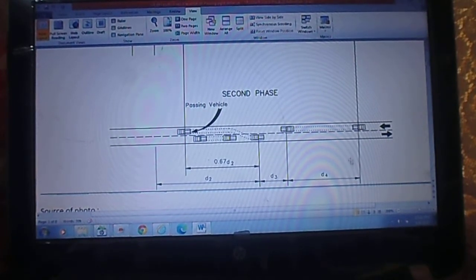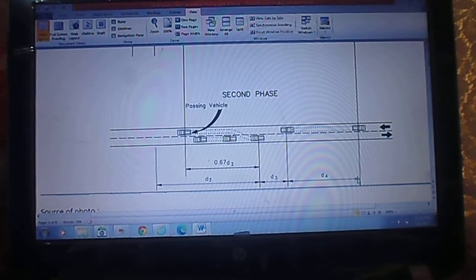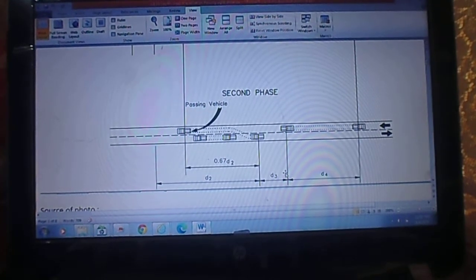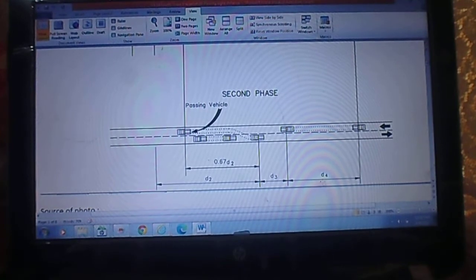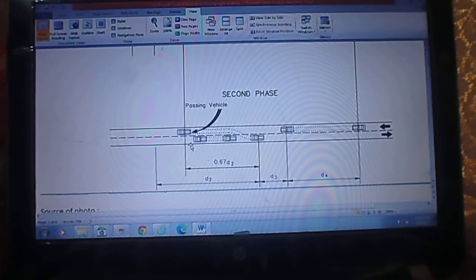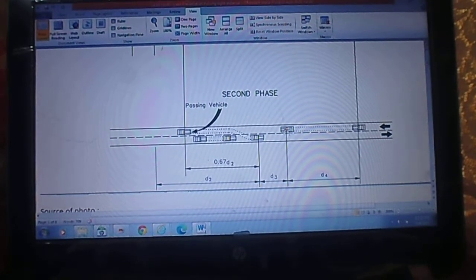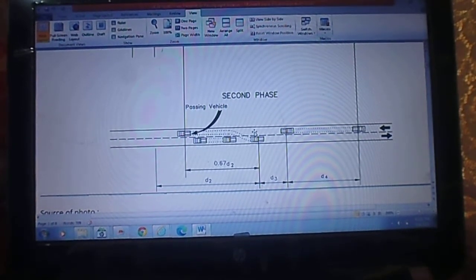The opposing vehicle traversed a distance d sub 4 during the time when the opposing vehicle was seeing the passing vehicle at the left lane.